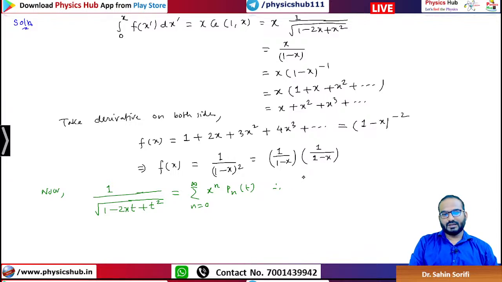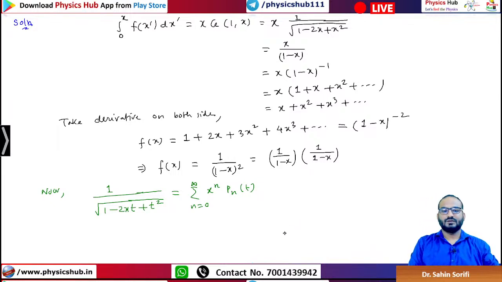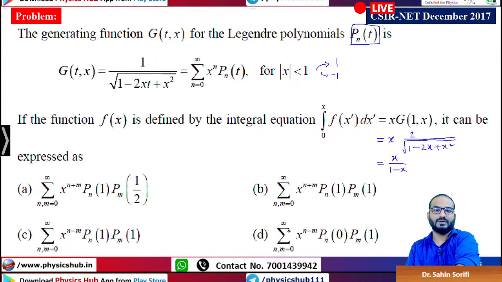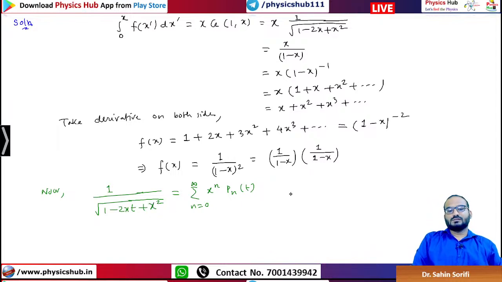So if you write 1 upon root over 1 minus 2xt plus x square, okay, this one we made a mistake, x square. Now if you put t equals 1, what you get?